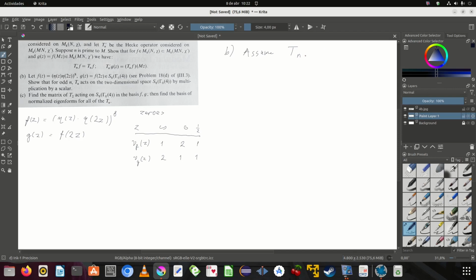Now, assume Tn, of course n is odd, of f is lambda n f. Then Tn of g is Tn of f of 2z. Oh, we have to put z on there.